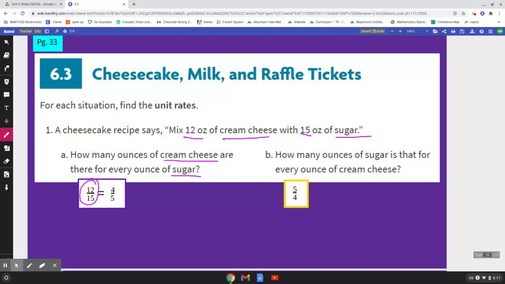I divided each of those by 3. So 12 over 15, if you divide each of those by 3, you get 4/5. Now that's important to know for B. How many ounces? Now you're going the opposite way. You're going sugar to cream cheese. Well, you just flip it. It would be 5 over 4. You're dividing it opposite.